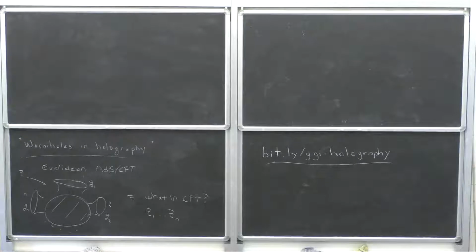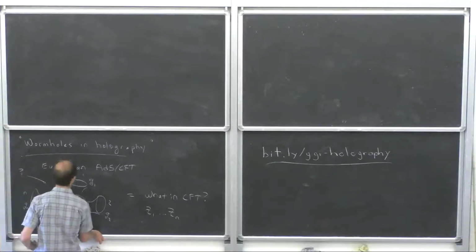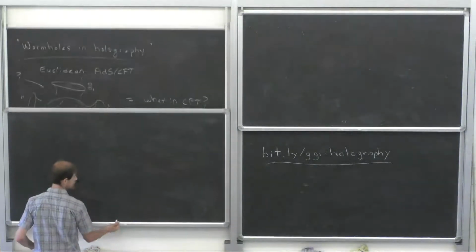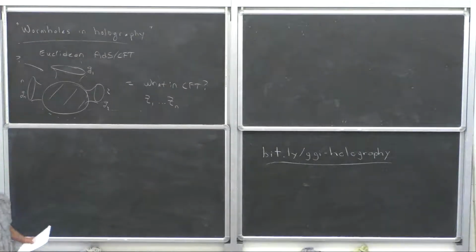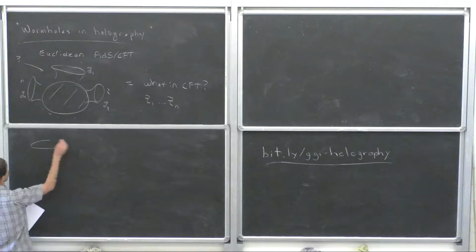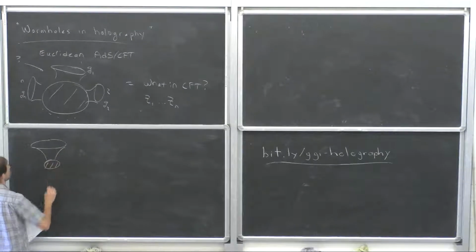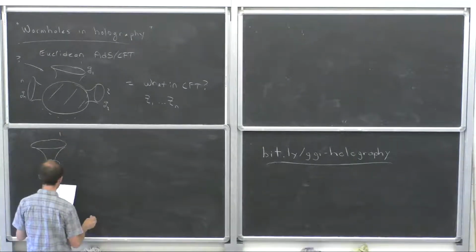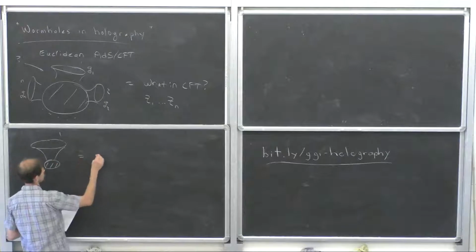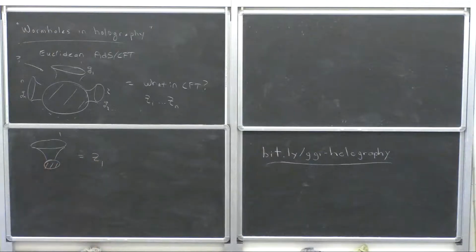But then, if that is indeed the case, we're immediately hit with some tensions, some confusions. The tension is this: if I draw the same picture, but with a single boundary instead of n of them, ostensibly this is dual to the partition function of the dual CFT on the one boundary.